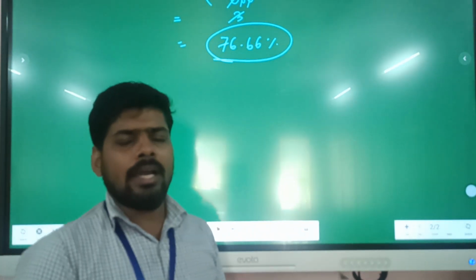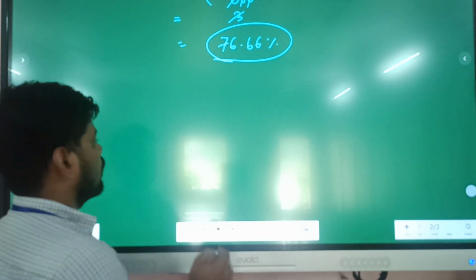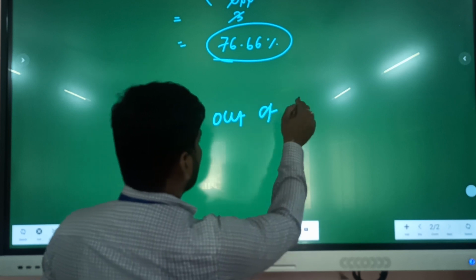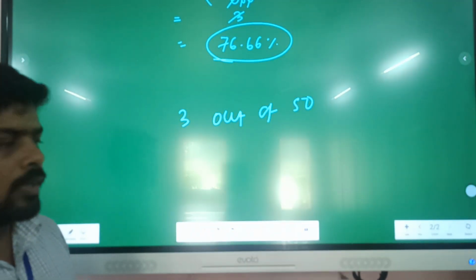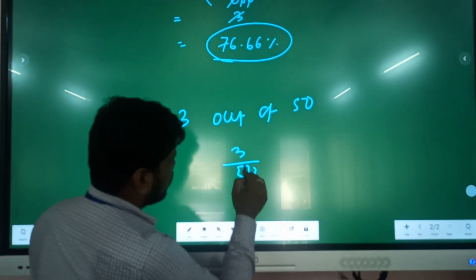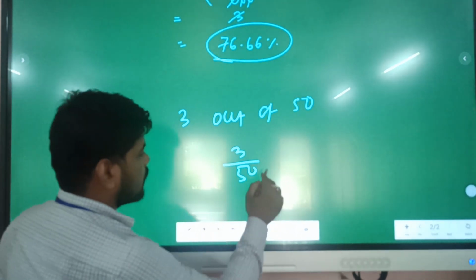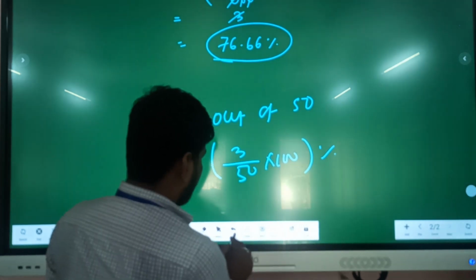Suppose you may ask me, sir, I have secured 3 out of 50. So what percentage is it? Look at the board. In order to convert the fraction into percentage, multiply by 100 and put a percentage sign.